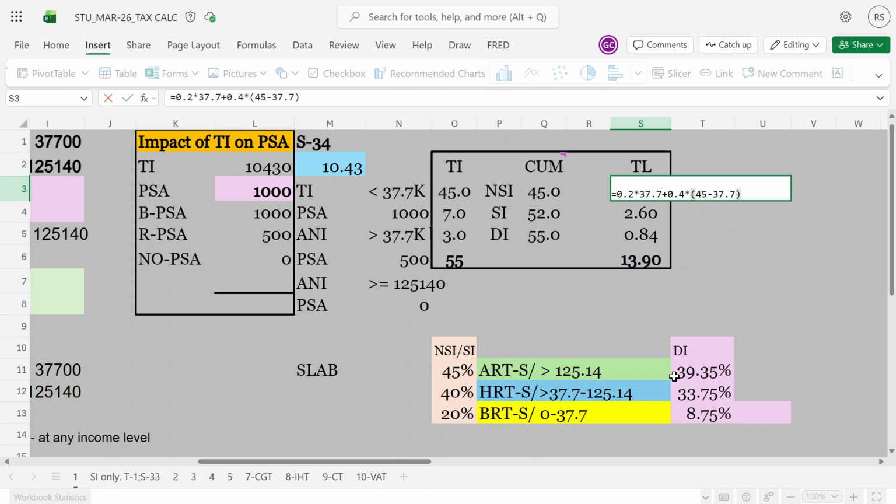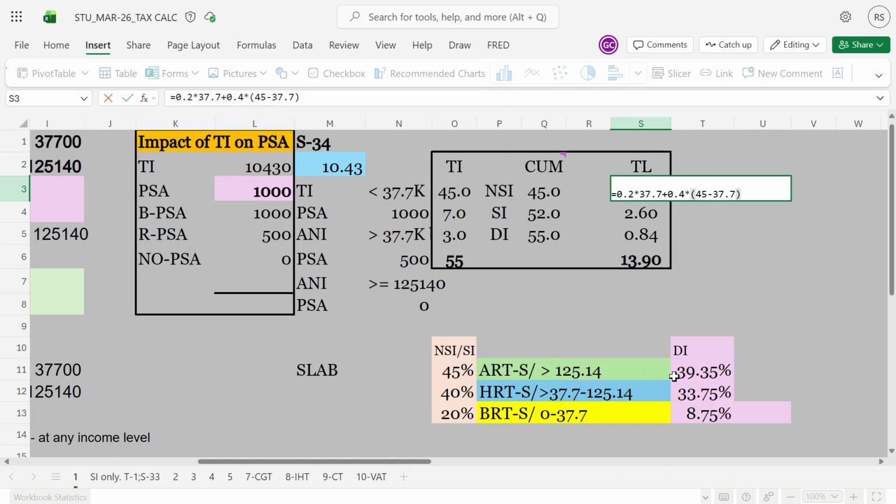So in NSI, we divide the income into two brackets, two slabs. And for SI, do we only apply one rate? No. Let's say you have $25 million of savings income and you have no other income.